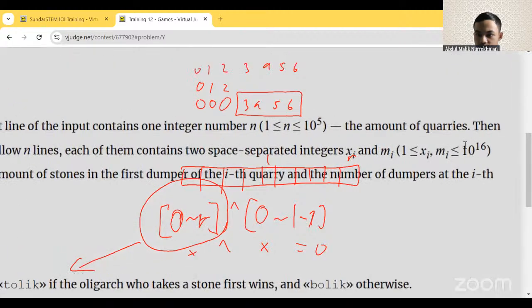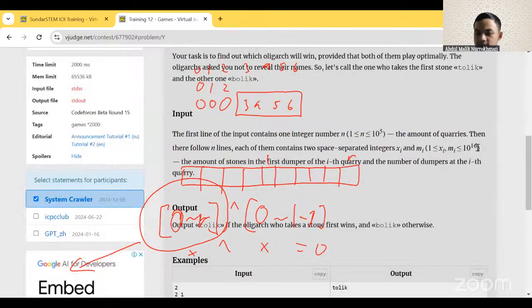But M is up to 10 to the power of 16, so we cannot do it in O(M). So is there any other faster solution?